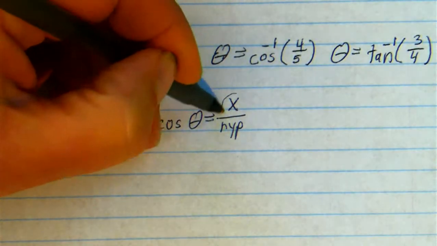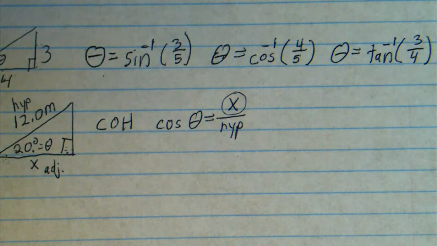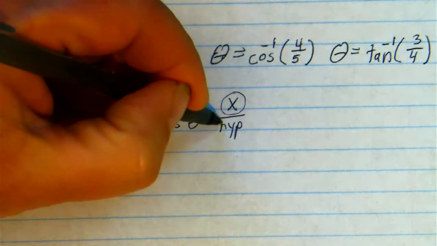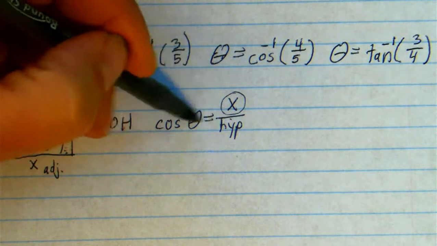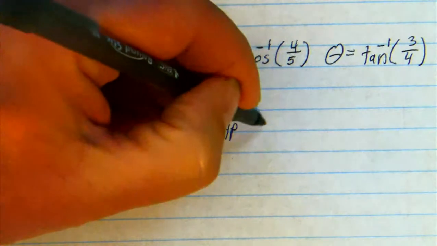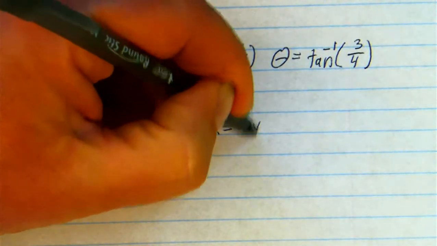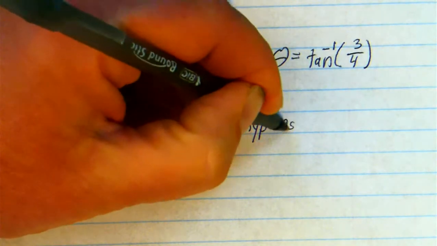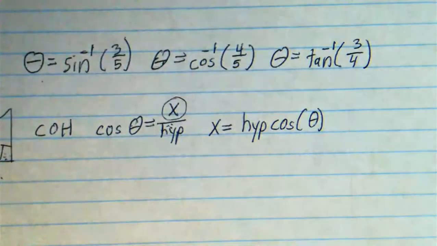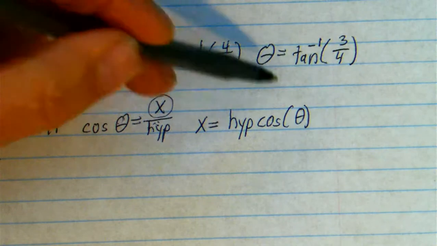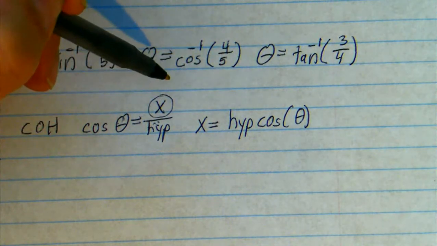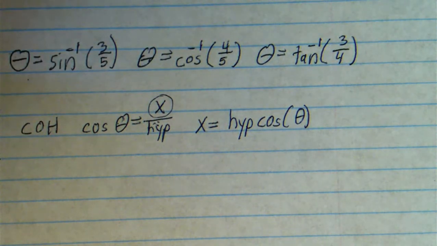To solve for the length of the adjacent side, I would multiply both sides by the hypotenuse. So the adjacent side x is equal to the hypotenuse times the cosine of the angle. And this is always going to be true. This is a generically true statement, no matter what my value of x and theta is.